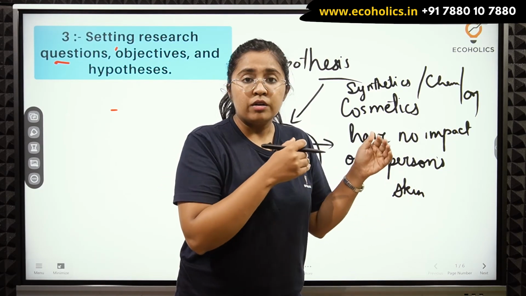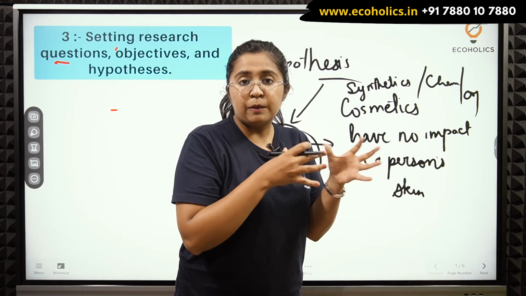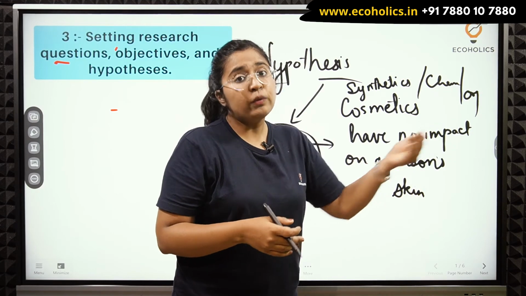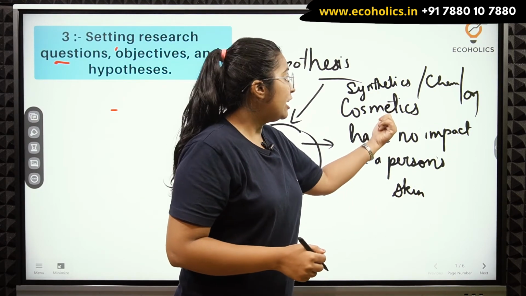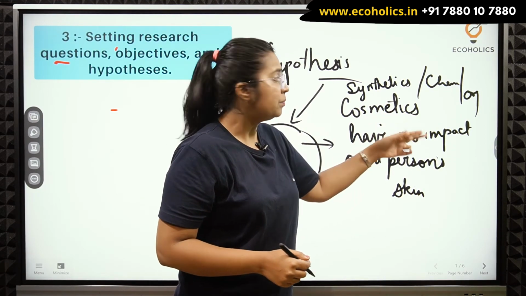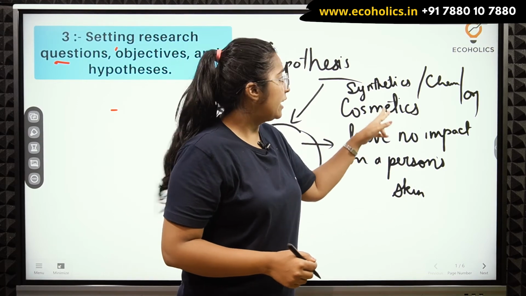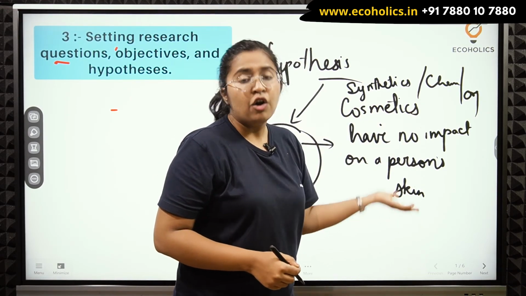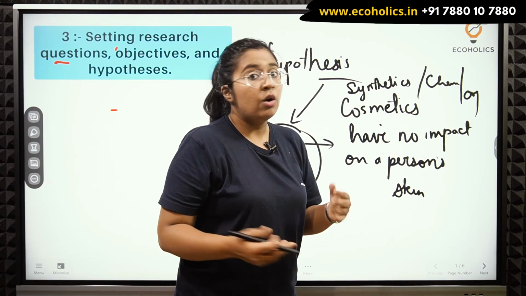When you have your database, and the processing and analysis of the database, you will find out whether the synthetic or other cosmetics were harmful or had an impact on a person or not.